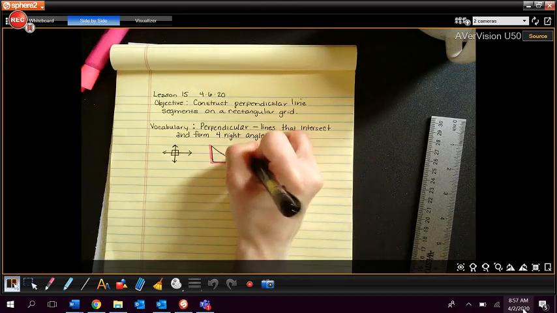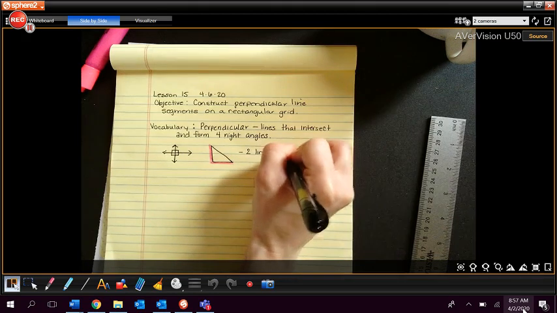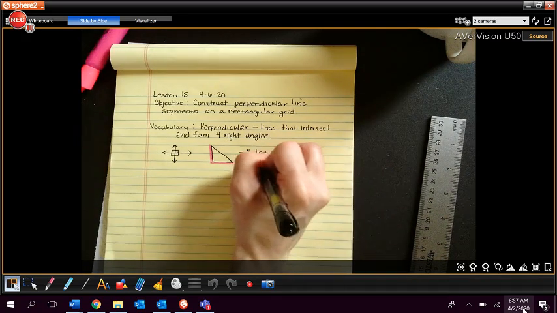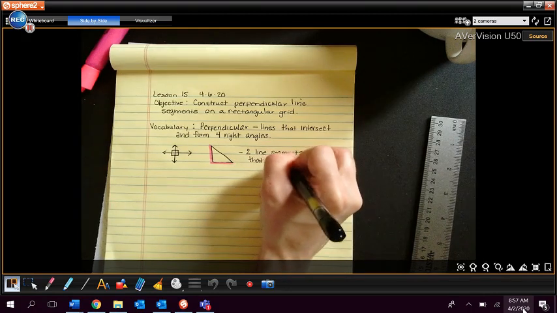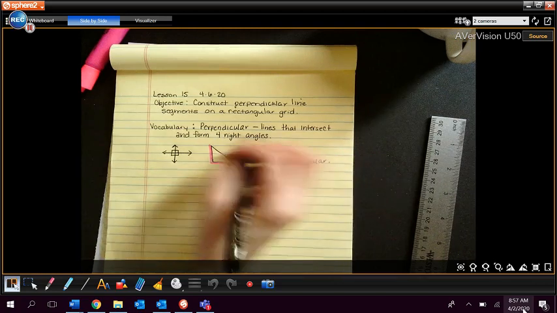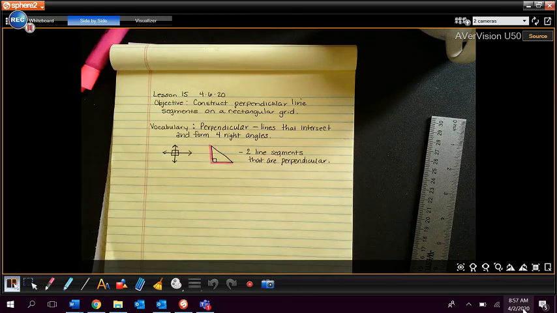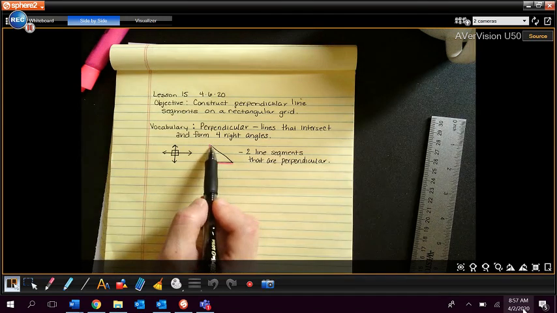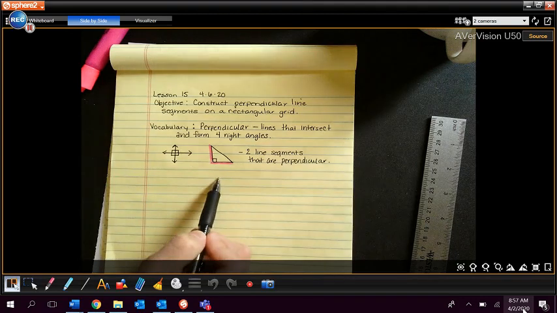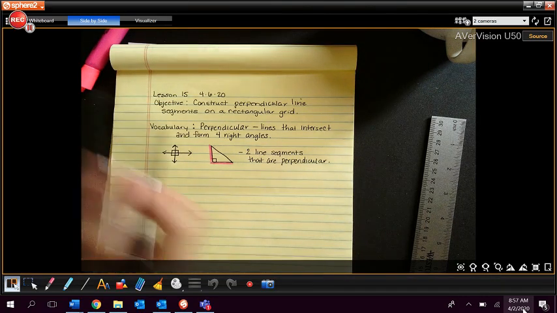A right triangle has two line segments that are perpendicular, because they form the right angle there. And remember, lines go on forever. So these right here are perpendicular, and if these lines were to continue going, then it would be your four right angles, which would be something like this.